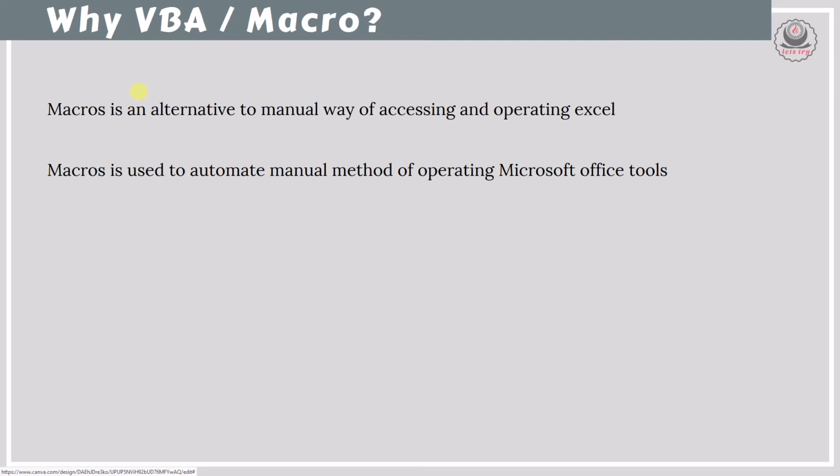Initially, programming the first time will take much time, but after that it is just a matter of a few seconds to run the code. So it will save our time, and the accuracy will be higher.